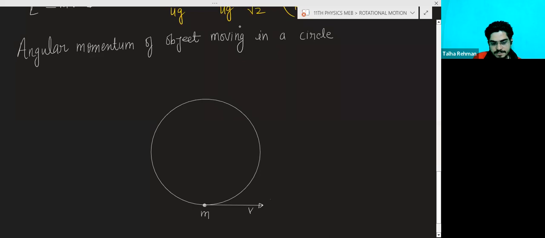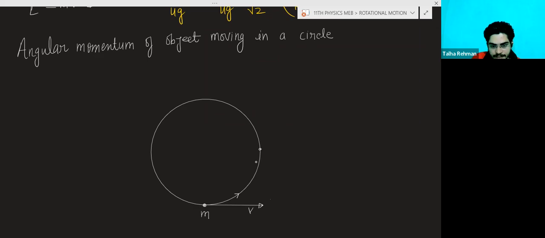After some time, the particle is moving in the anti-clockwise direction, and the direction of the velocity of the particle will be tangential like this.